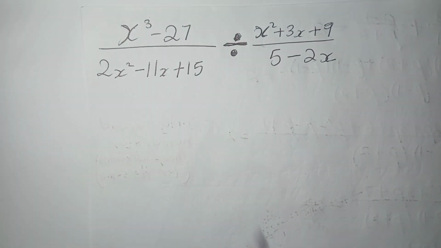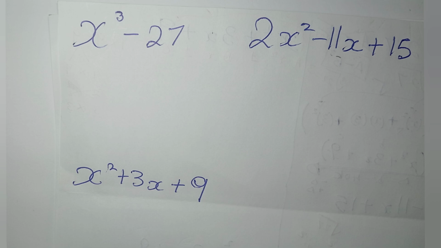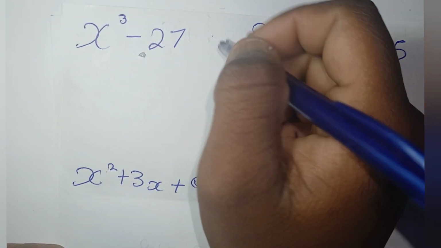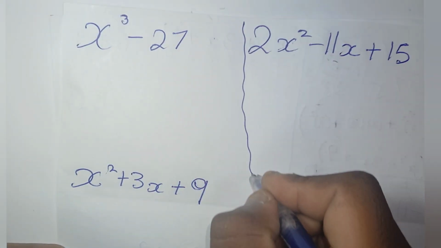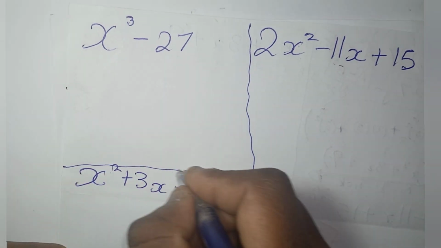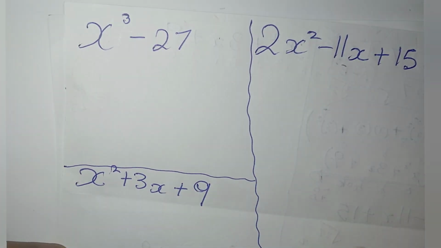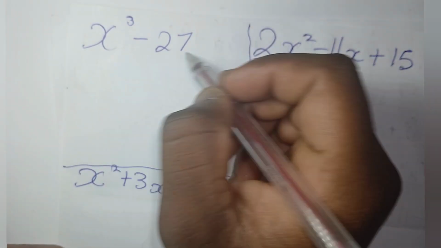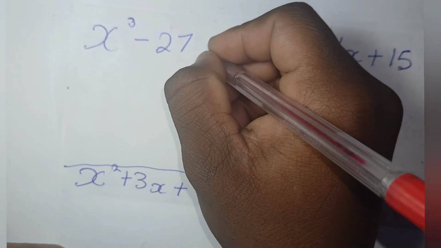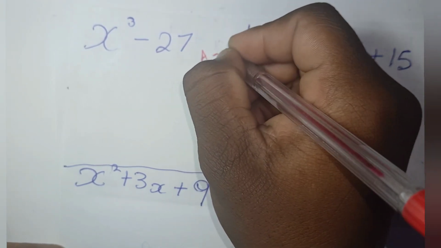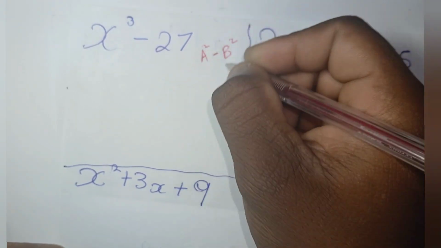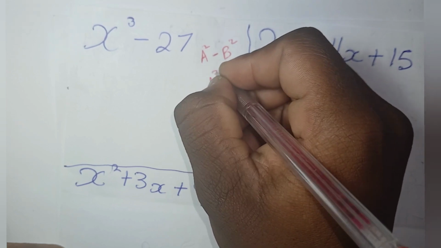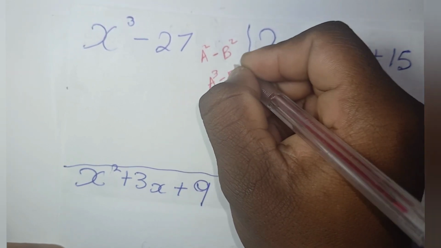Do you understand? So let me remind you how to factorize these kinds of expressions. Let me just divide this like this and like that. If you have two terms, you are applying either a difference of two squares or a difference or sum of cubes.